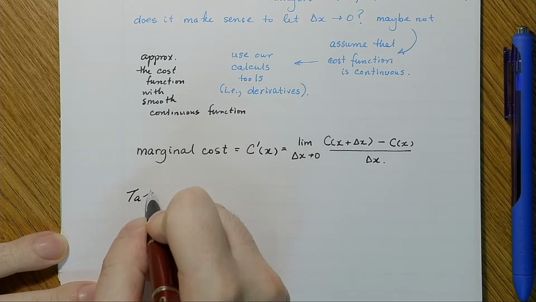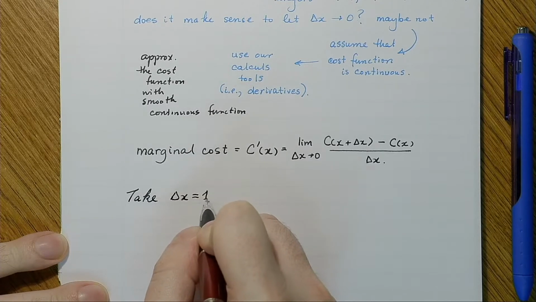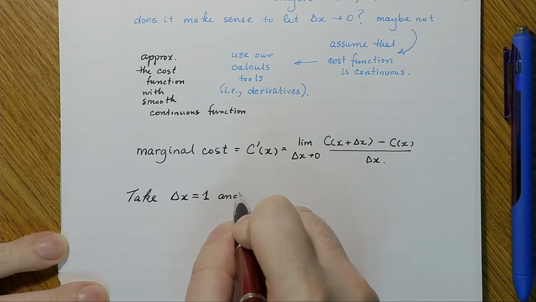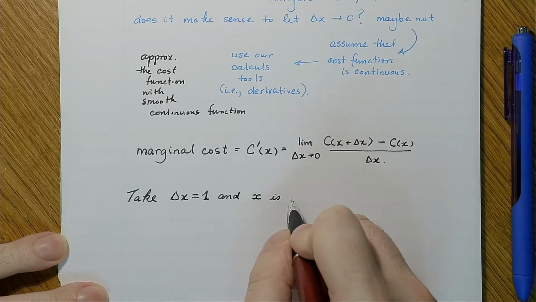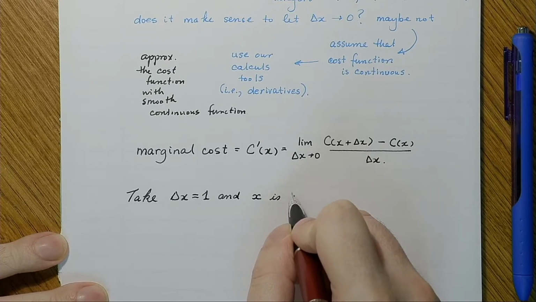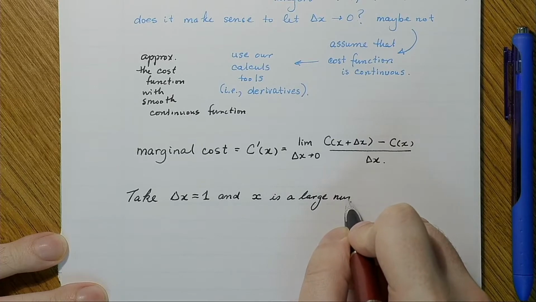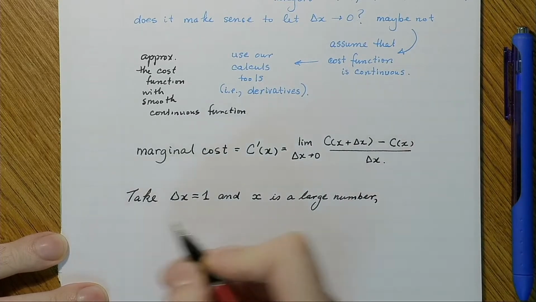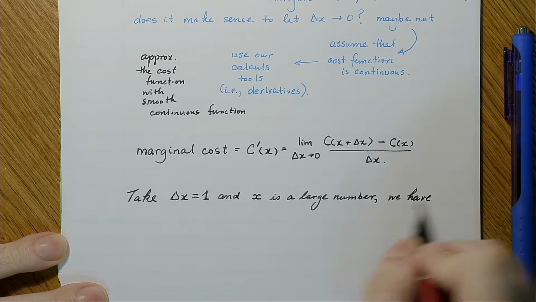So let's take that delta x equals 1, and we'll say that x is really large, a large number. Then we have an approximation that we can use.